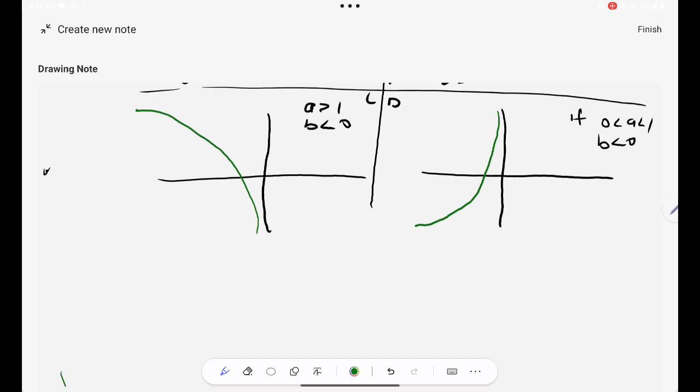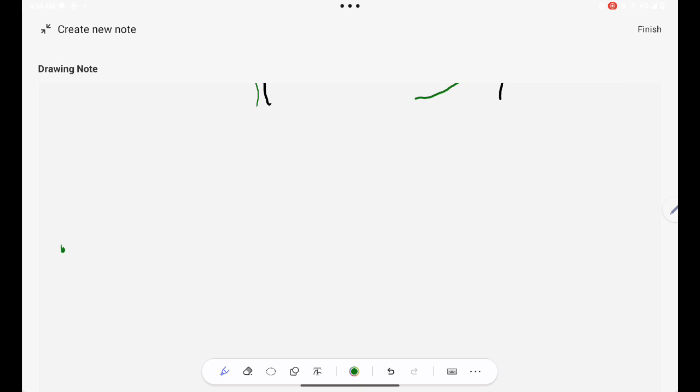Okay, let's say we have a graph like this. y is equal to log of 2x. The most basic graph, right?